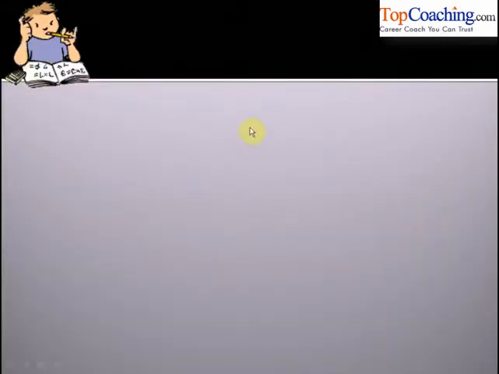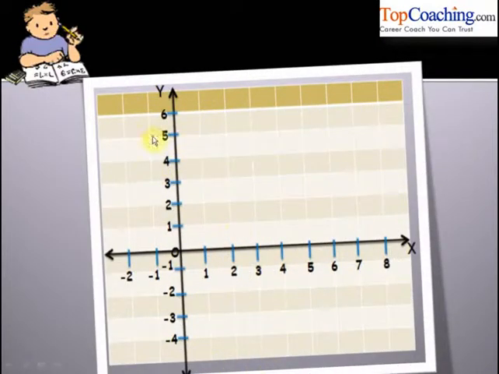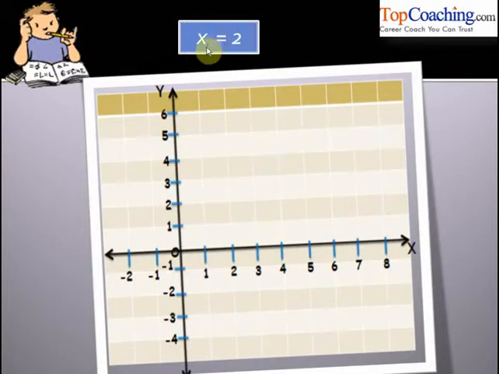Now we have to represent the same equation on the coordinate plane. So this is again the coordinate plane, with this being the x-axis and this being the y-axis. So we have to represent x equal to 2. We know that x equal to 2 is nothing but a line that is parallel to the y-axis and is at a distance of 2 units from the y-axis.